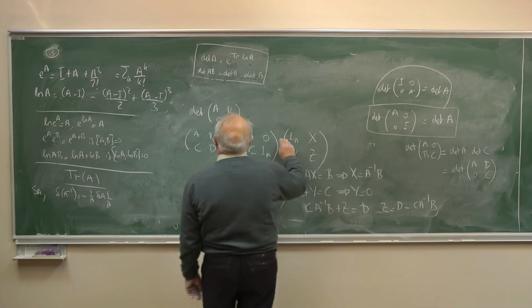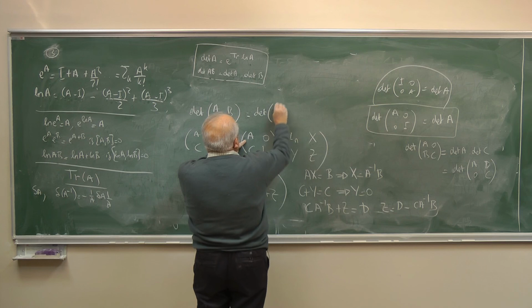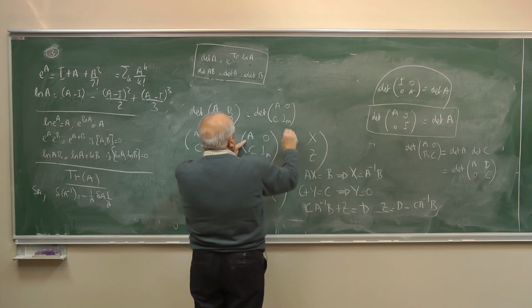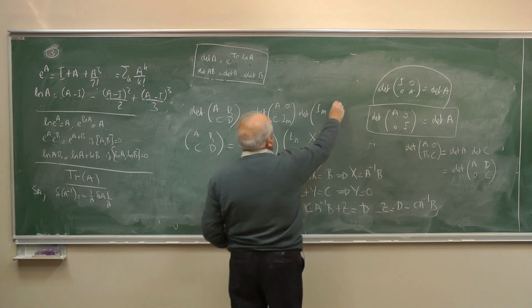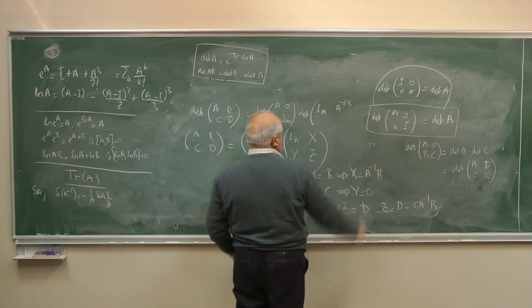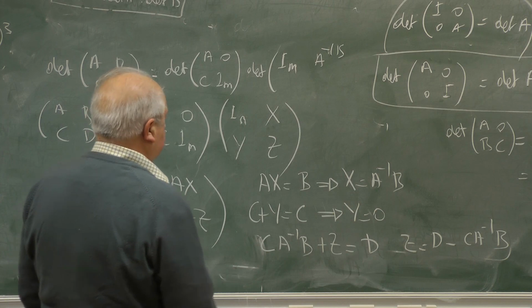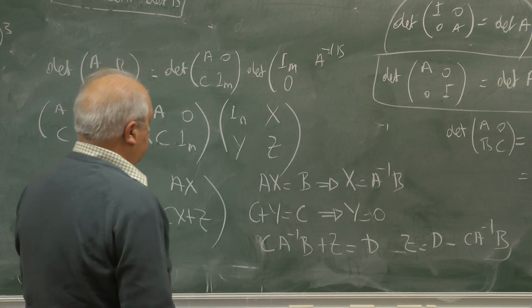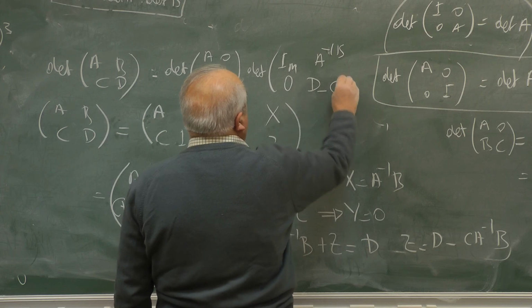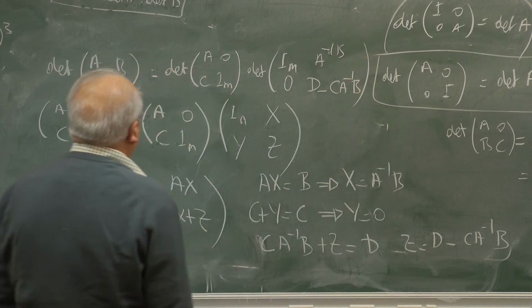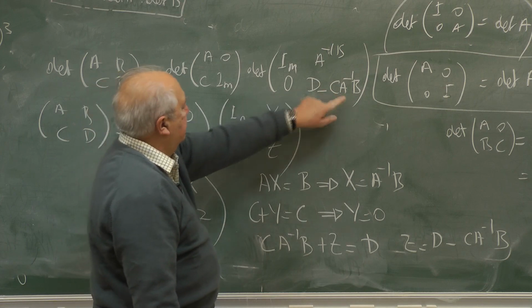So this is the determinant of A, 0, C, I_m, times the determinant of I, A inverse B, where Y is 0 and Z is D minus C A inverse B. But these determinants are now trivial because this is simply determinant A and this is simply the determinant of that.